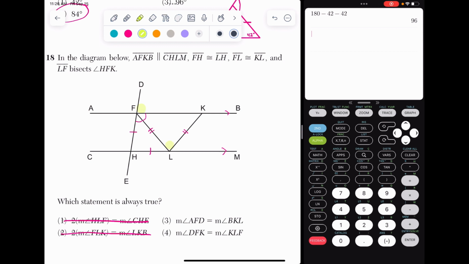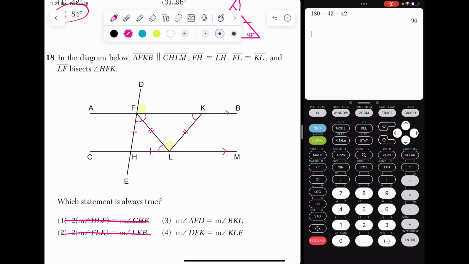All right, these 2 at least look congruent. Let's see if we can find some way to basically verify that. Well, if I go off of the congruent angle markings I have before from the angle bisector, I also know that angle HFL and angle HLF are congruent because that's an isosceles triangle. And I know that's also congruent to angle LKF because that's an isosceles triangle.